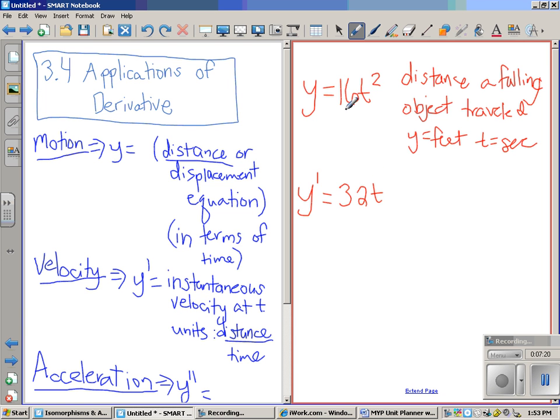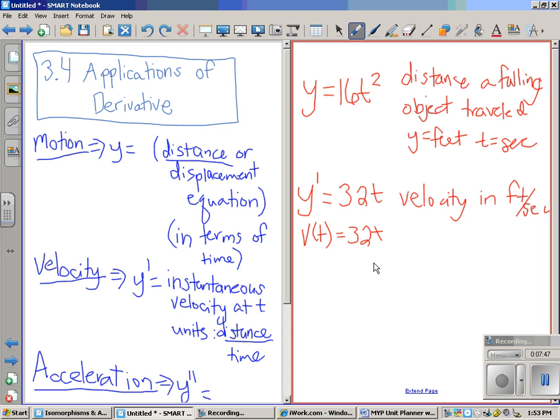You multiply 2 times 16 for the 32, and then bump the power down by 1. This, in fact, is the velocity equation. It's the instantaneous velocity in our units, feet per second. So v of t, that's another way to note this, is 32t.